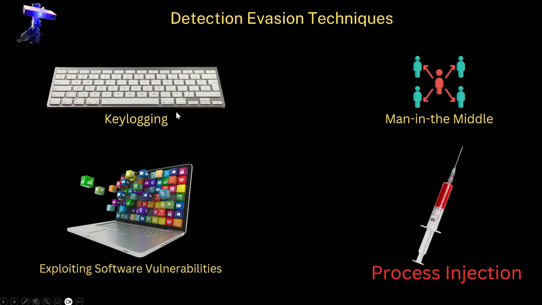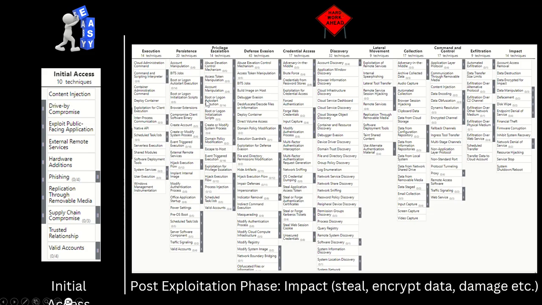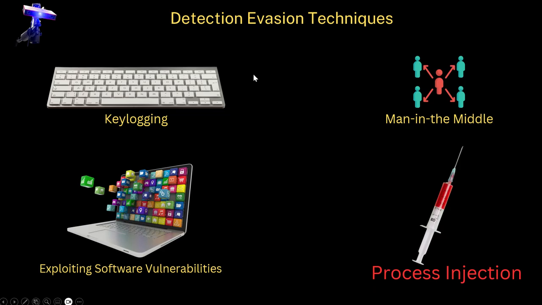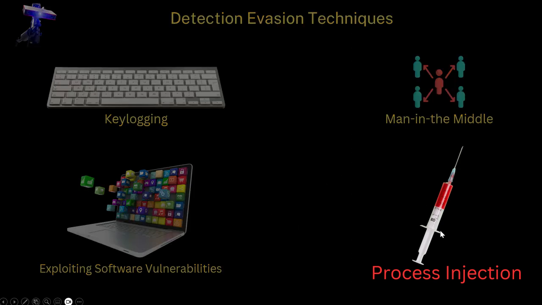The rest of the detection evasion techniques like key logging, man in the middle, exploiting software vulnerabilities are also detection evasion techniques which can be used in combination with process injection or alone as well. And there are many other detection evasion techniques as well. If you look at the MITRE matrix, under defense evasion there are a total of 43 techniques to evade the defenses. But for the scope of this video series, we will focus on process injection.